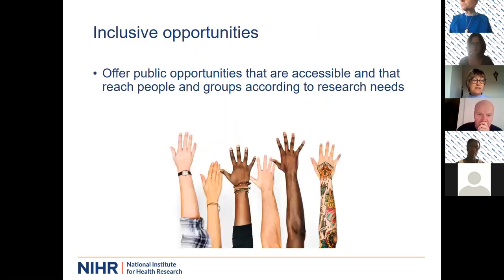Next slide, Gary, please. Right, so the first of these standards is inclusive opportunities. Be very clear about who you need to involve, and that's all about matching the experiences of the people you want to involve with the end users of your research project. So target your recruitment so that it reaches the groups that you want to get involved. We have a phrase in involvement, the usual suspects.